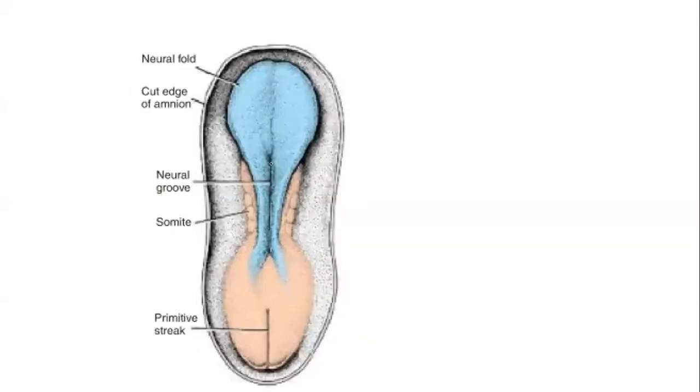Yes, can you appreciate in this picture? The neural groove is very well seen here. So this is the fold, right? What happens is the plate has folded, and then it has started to give a groove. This is called the neural groove, and at the side I have my somites, right? Now let us draw that picture again, the one that I showed you in the first slide.